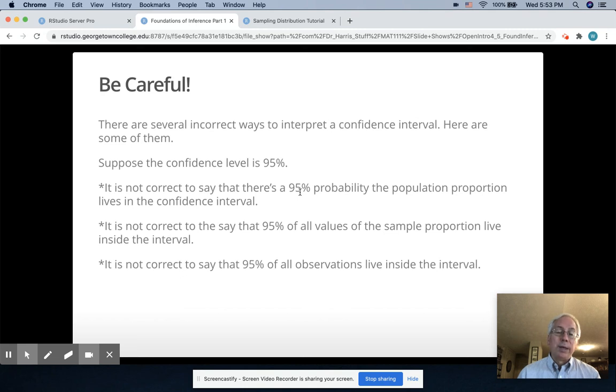They would live in an interval 1.96 standard errors around the unknown population proportion. And it's also incorrect to say that 95% of all observations live inside the interval. If the sample proportion values don't live inside the interval, individual observations aren't going to live inside the interval either. Remember, we're using a distribution for sample proportions, not individual observations.